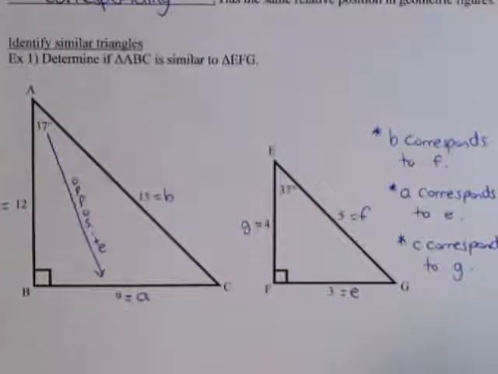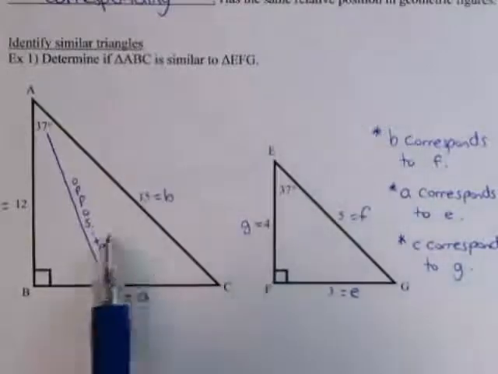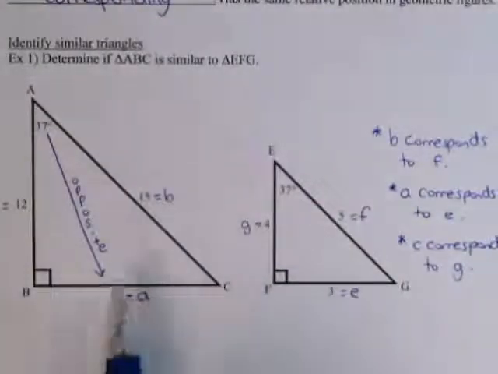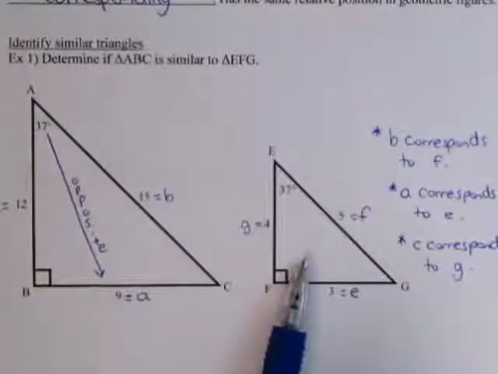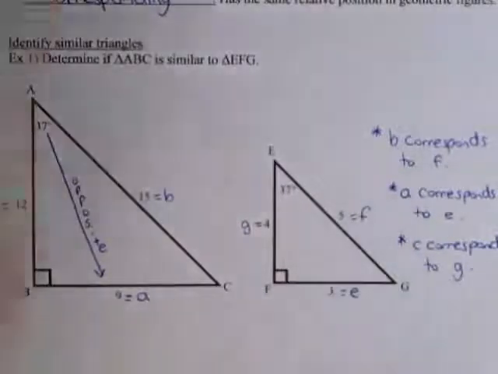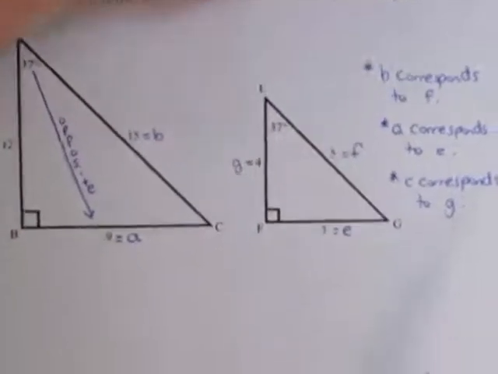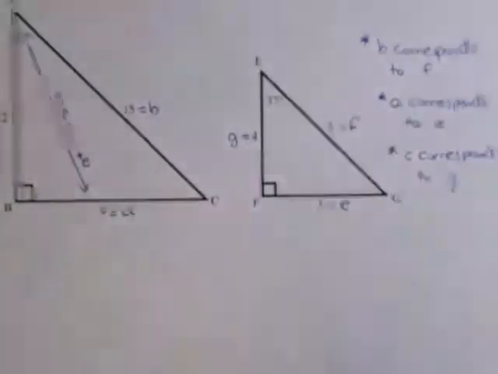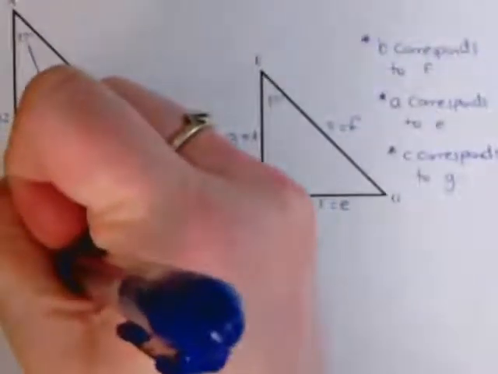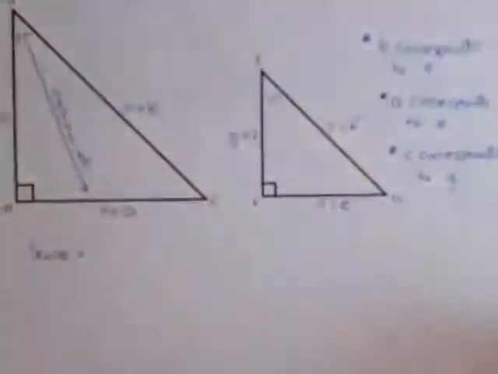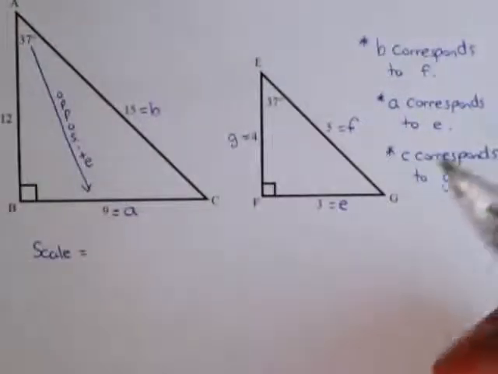Now, what is the scale factor that was used in order to go from this triangle originally all the way to this triangle right here? By looking at that, we're going to discuss how to figure out the scale factor. So just a quick little reminder that the scale is always the diagram divided by the measurement. So number 2 divided by number 1.